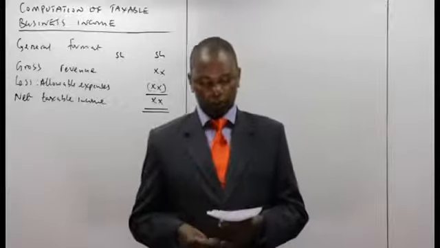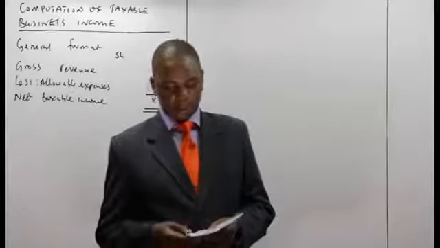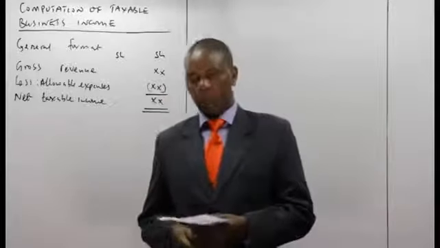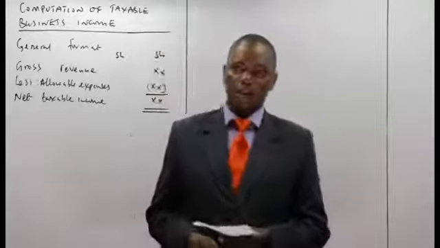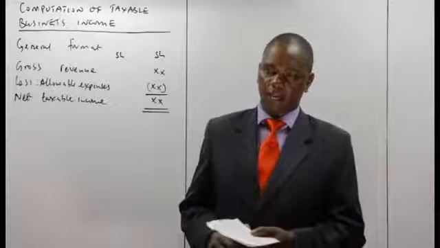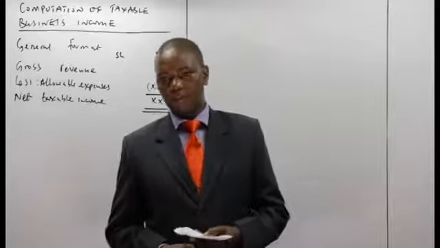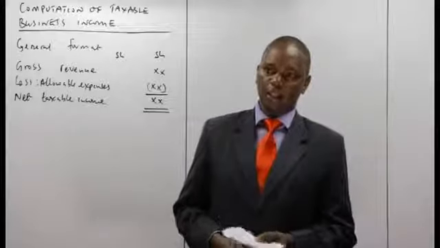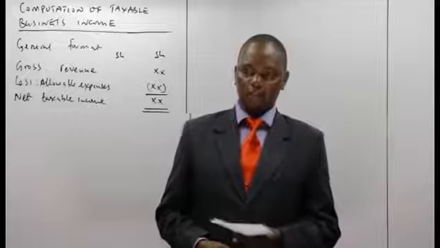A trading loss or a balancing deduction is also allowable against the trading income. Remember, our definition of a trading loss is that it will arise where all the assets in a class of wear and tear allowance are disposed of and the disposal proceeds are less than the tax written down values and the additions during that year.